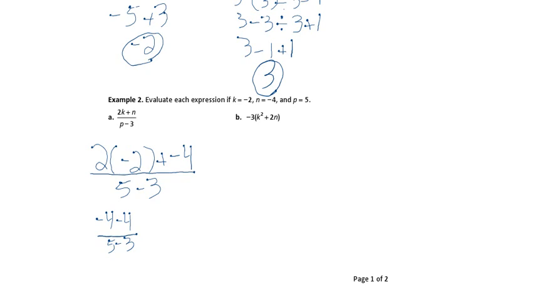Well, a -4 minus 4 is -8. And 5 minus 3 is 2. So I've finished my actual grouping now, because I have the top part simplified as far as I can, and I have the bottom part simplified as far as I can. So next, I would take the -8 divided by 2, which gets me an answer of -4.